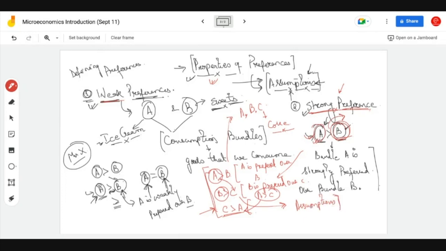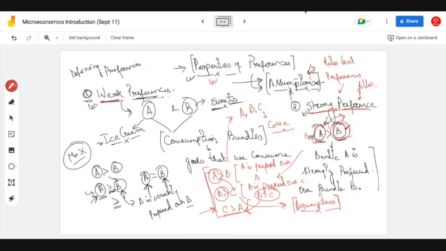So now let's study assumptions, because these assumptions are about the preferences that we make, or the kind of preferences, or what the rules are that our preferences should follow. So in a way you can say that assumptions are rules that preferences follow.